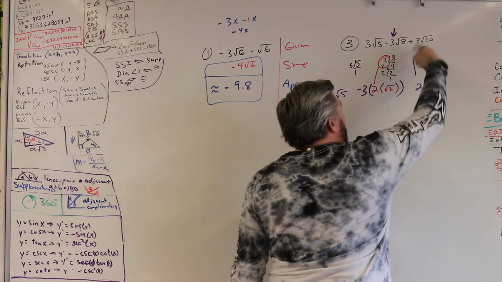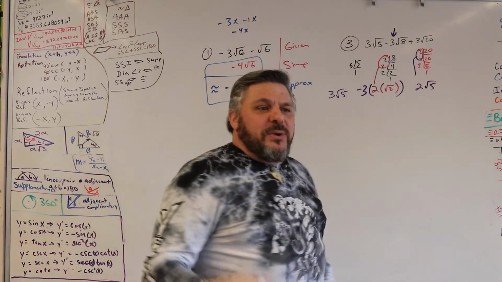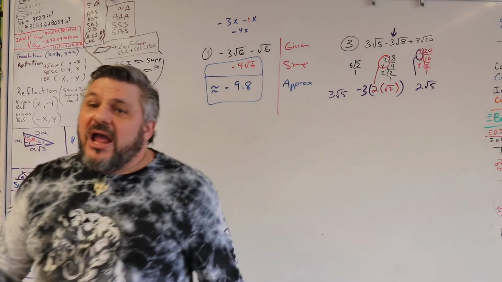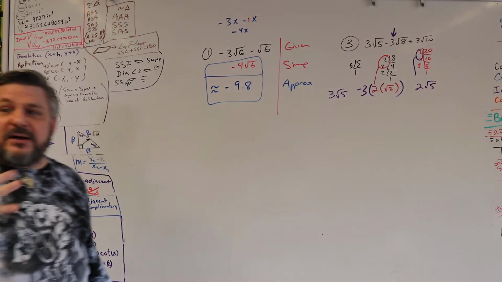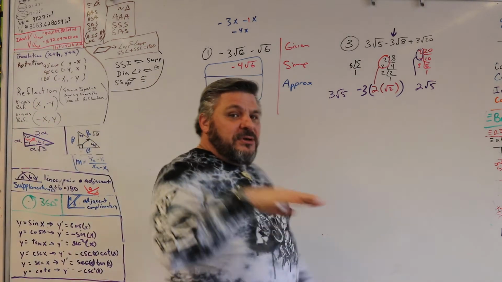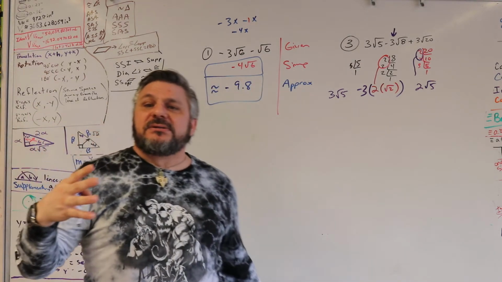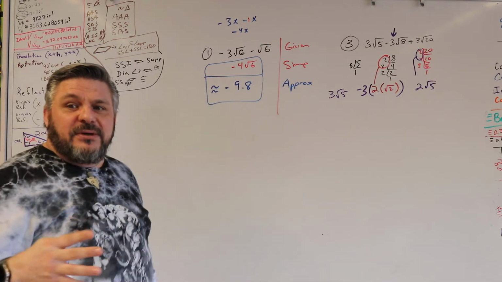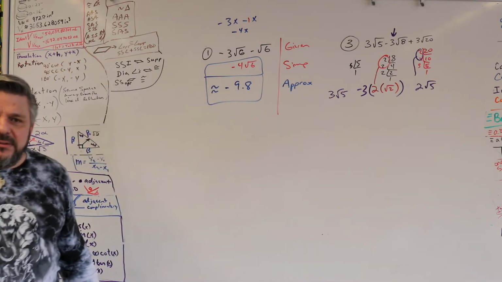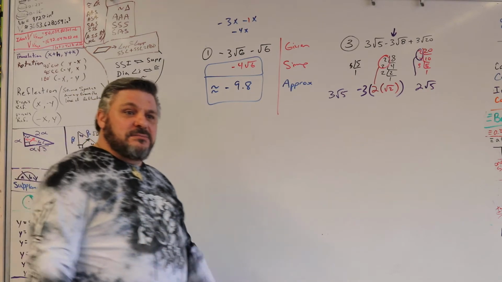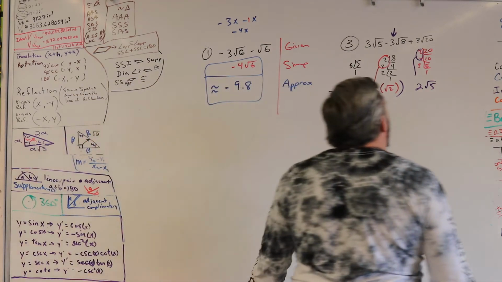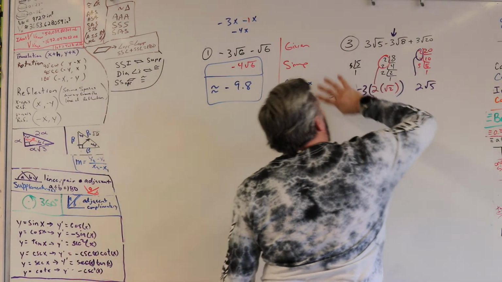So you just circle it up. Any pairs. With square roots, it's all about pairs. If you have a cube root, it'd be about triplets. 4th roots, taking out quadruplets. Right? 5th roots, quintuplets. Okay? So 5 of a kind.